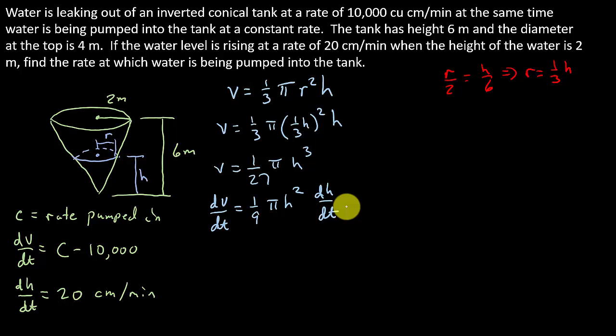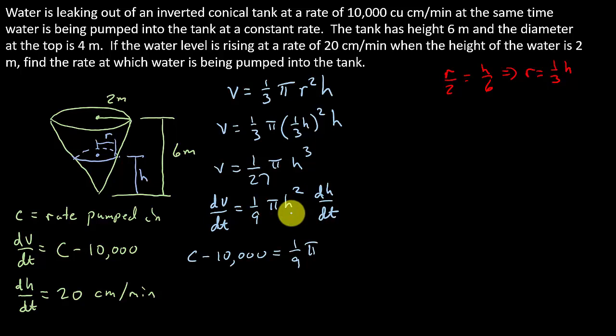Remember what we're looking for. We're looking for C. Well, I can replace dV/dt with C minus 10,000. So C minus 10,000 is equal to 1/9 pi.